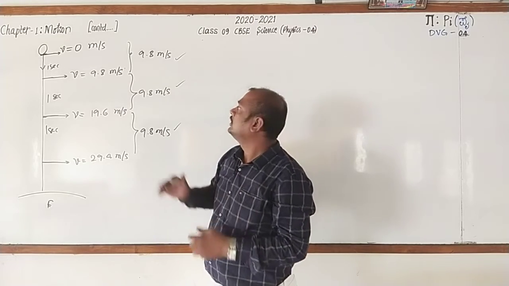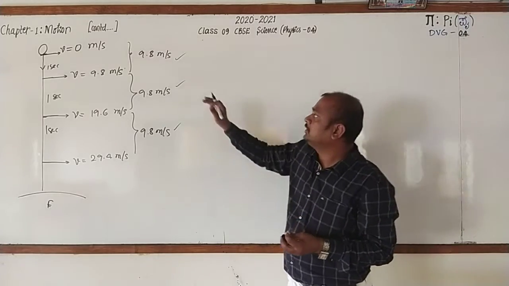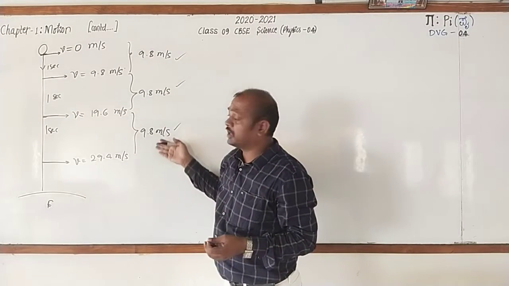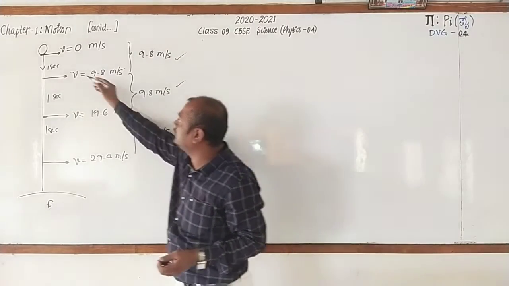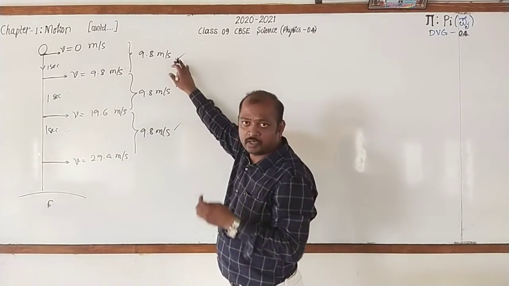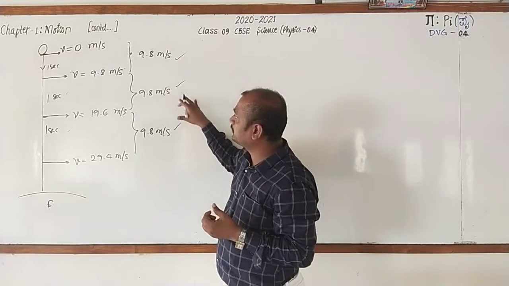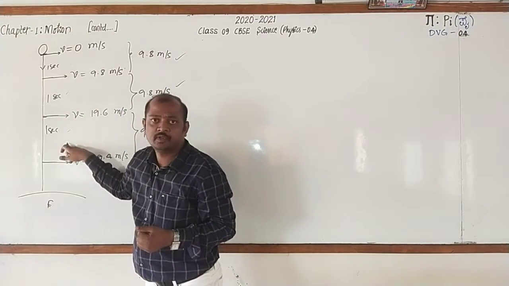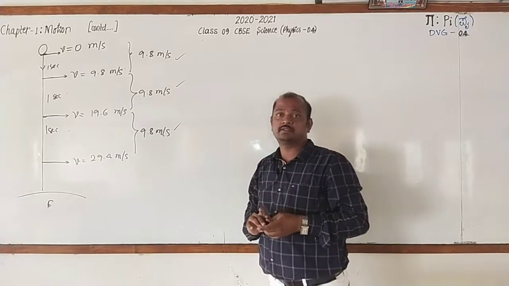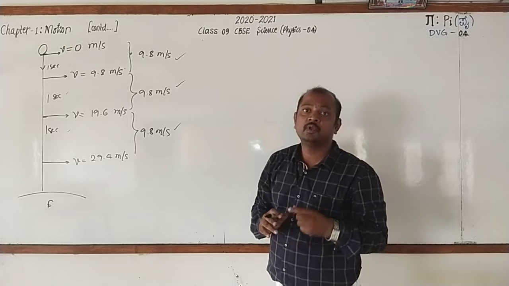Got it? When a body is moving, if it changes its velocity by equal amounts in equal intervals of time, understood? Here there is a change in velocity and that change has taken place in unit time. And we call this uniform acceleration. Clear?